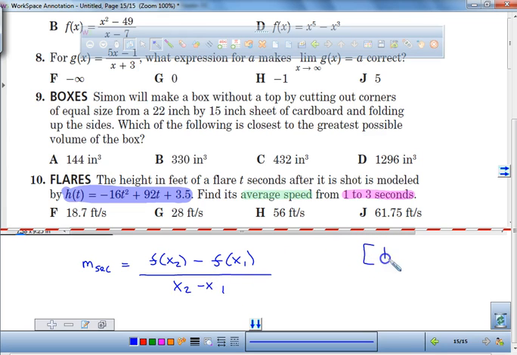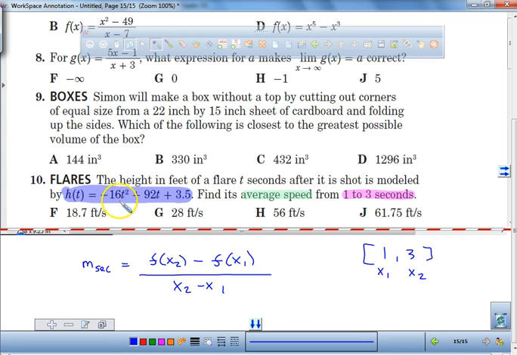Your interval is from 1 to 3. The 1 is your x1, the 3 is your x2. So this is what I want you to write down. Don't write down everything. Just write down the equation. You're finding the average speed, and it's going from 1 to 3 seconds.